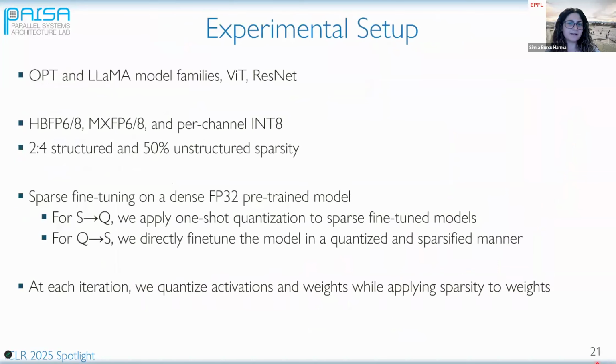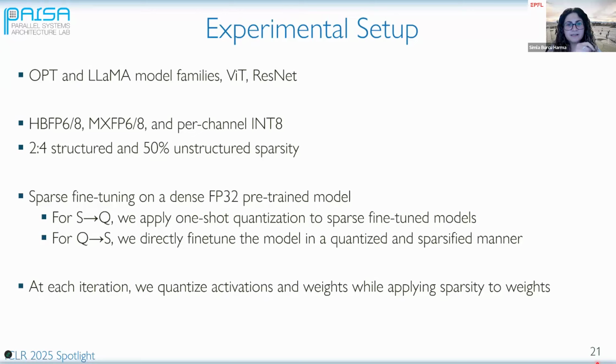We experiment across OPT, LLaMA, ViT, and ResNet. We compare several quantization formats, integer 8, HBFP, MXFP, as we show in the beginning, and the sparsity types like 50% unstructured and 2 to 4 structured sparsity. We apply sparse fine-tuning on a dense FP32 pre-trained model.